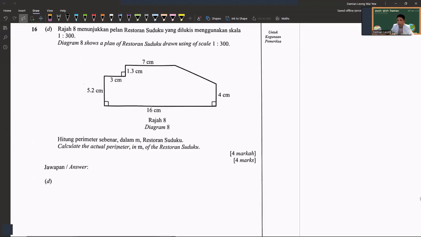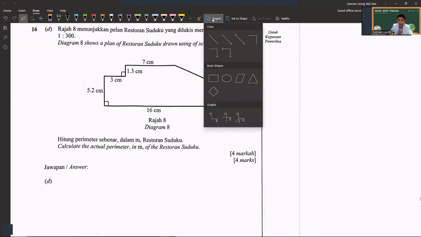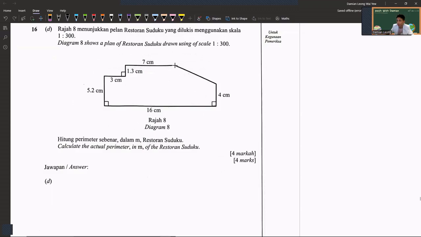Then part D, scale drawings. Calculate the actual perimeter of restaurant Sudoku. So we have to use conversion of length. Before that, I need to find the missing length here. We need to form a right-angled triangle.